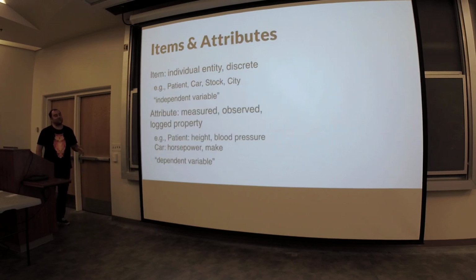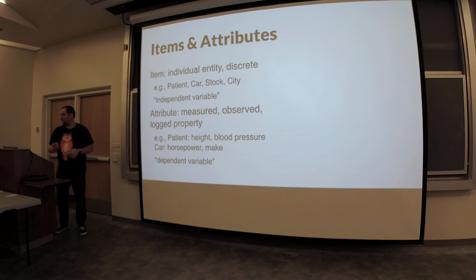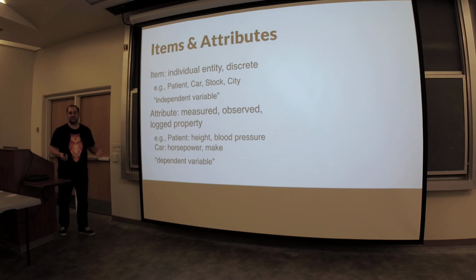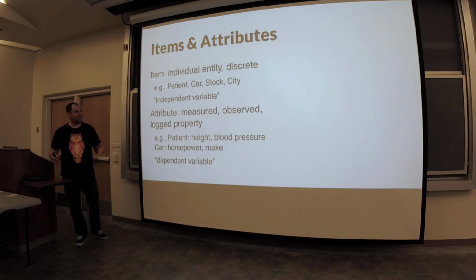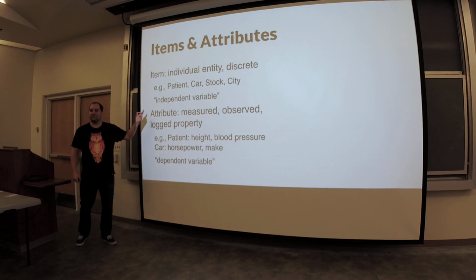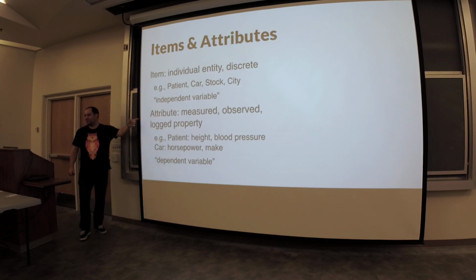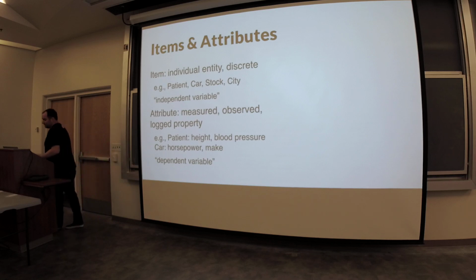So items are individual entities, and they are typically discrete. For example, things like patients, cars, stocks, cities, hospital visits, or specific events. In statistics, you often call these the independent variables. And the attributes that go along with these items are measured properties of the items.